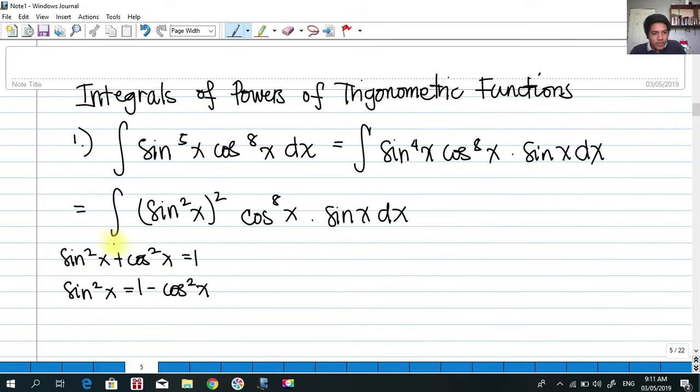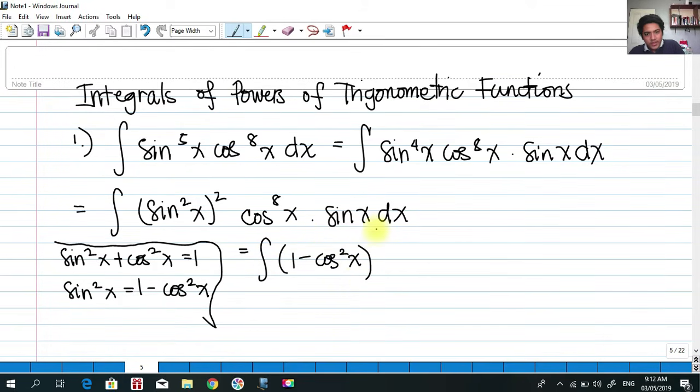So if we're going to replace this integral, okay? So integral of 1 minus cosine squared x, squared. Okay? We have a square here, so we have to put a square here. Cosine raised to 8 of x, multiplied by sine x dx.